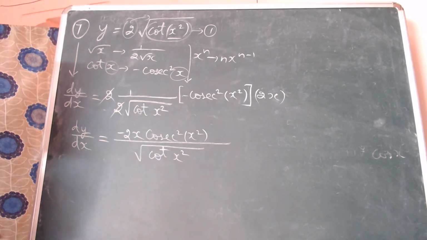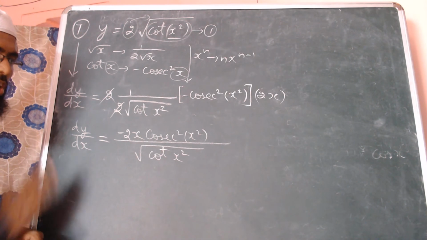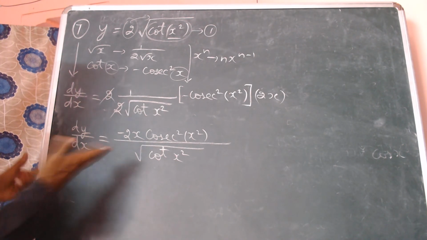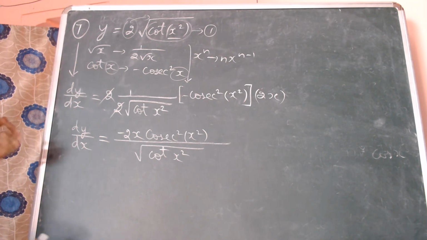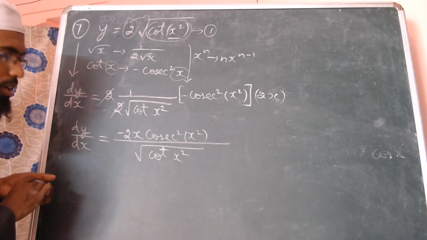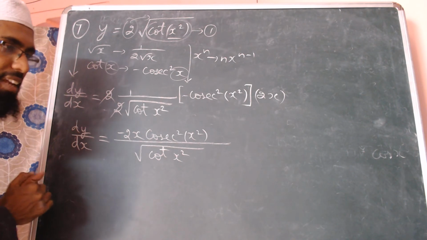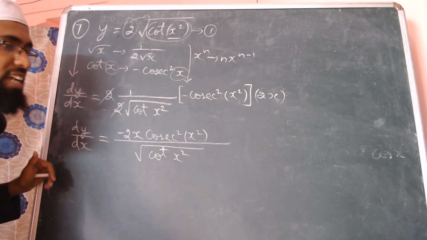Now either we can leave it like this, we can stop like this, but if you want, you can simplify it further. Cot x is nothing but cos by sine. Derivative part is over, we can simplify it.